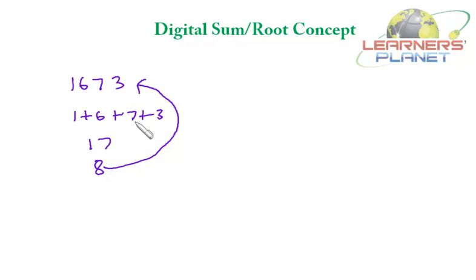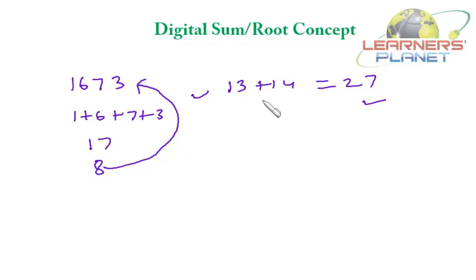This concept is very useful in competitive examinations when you wish to eliminate the options. Whatever calculation you have been given, suppose you are given 13 plus 14, and it is 27, the digital root of the left hand side is always equal to the digital root of the right hand side.